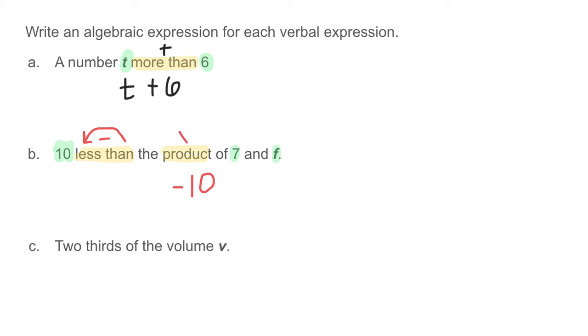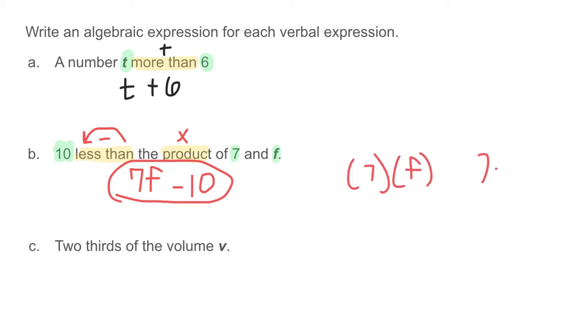Product means to multiply. So I'm going to subtract 10 from the end after I find the product of 7 and f. So if I'm going to do 7 times f, the simplest way to write that is just to write 7f, like that. You could also do it with parentheses, like 7 times f, or you could do 7 dot f. That's not very common for algebra. Usually it's going to be in parentheses, or it's going to just be side by side. But you could see it with a dot, maybe.